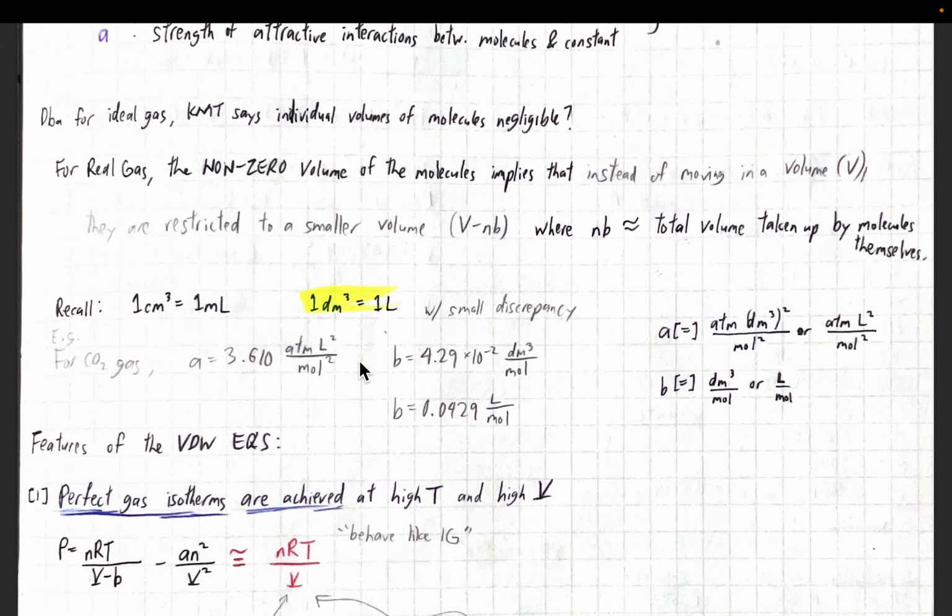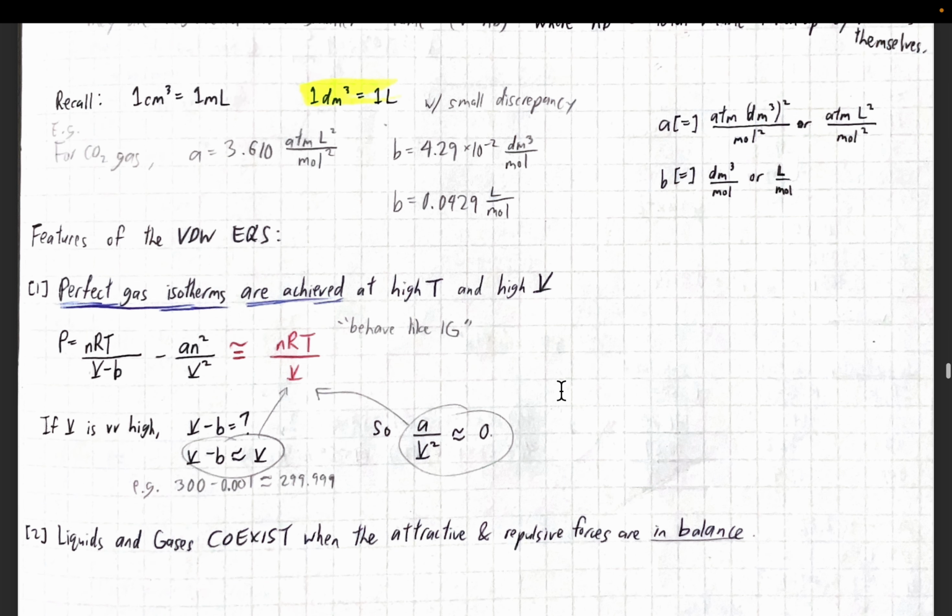But you could be given the A and B values in terms of different units, and I suggest that you convert them into atmosphere liter per mole or liter per mole, because it might be confusing, no? Although that's just personally what I understood from my experience. Could be different from yours, but as much as possible, try to simplify with the units. Just stick with one, okay?